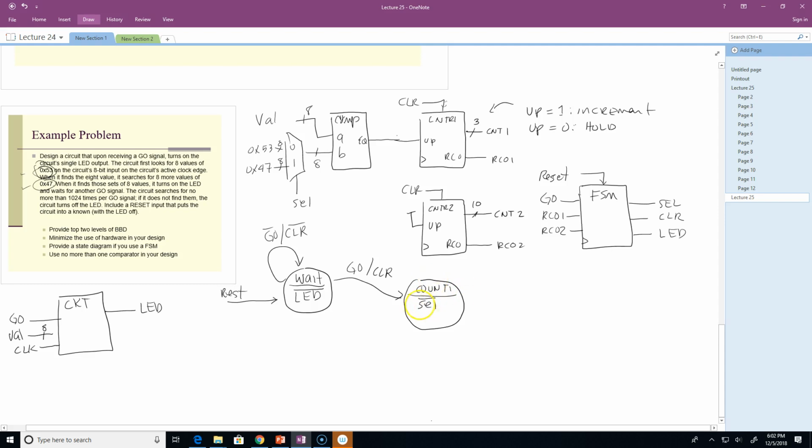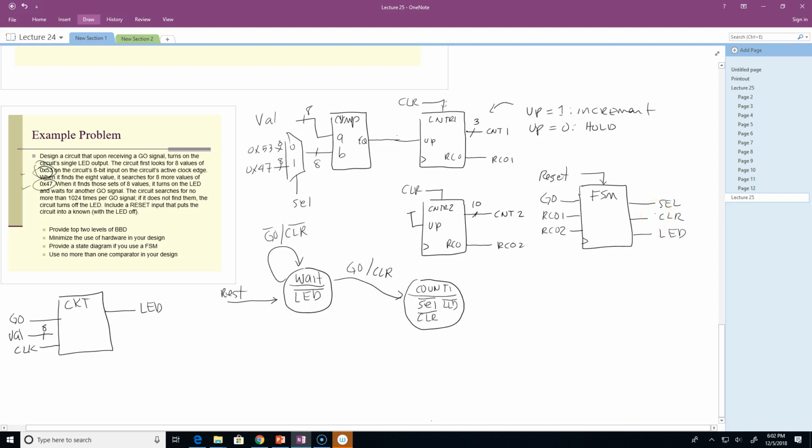Clear: I certainly don't want to be clearing this thing. And I haven't found my value, so I'm going to turn the LED off also. What I'm doing here is making sure from this state I've covered every case.